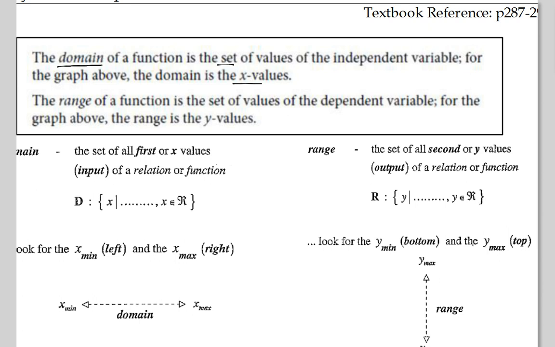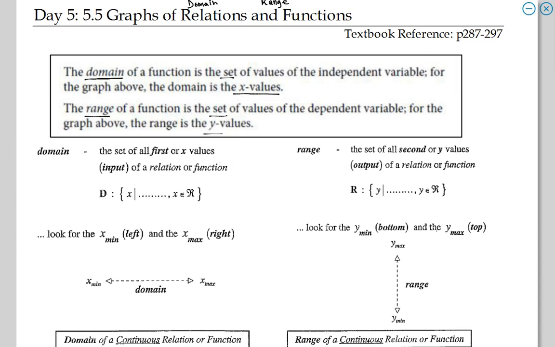Okay, domain, set x. Range, set y. Some of you are really going to dislike this notation, but it's the way it goes. We can simplify it if we want. So domain is a set of all x, and this is how you write it like perfectly, like how a mathematician would write it. And you don't have to be as neat as this.